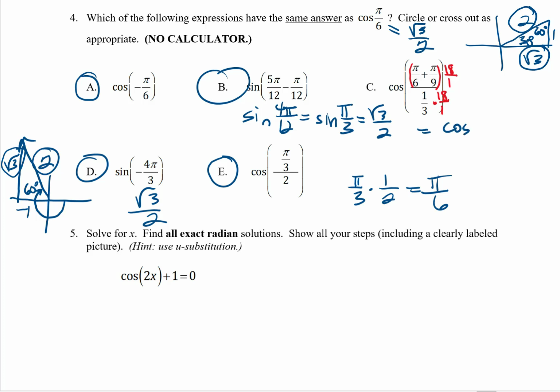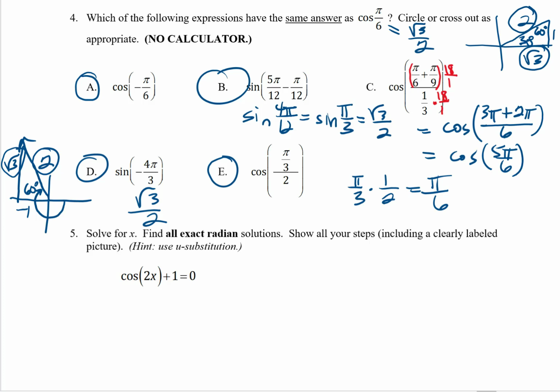In the first multiplication on the top, 6 goes into 18 3 times, so I'm going to end up here with 3 pi. And then in the second multiplication, 9 goes into 18 twice, so I'll end up with 2 pi. And on the bottom, 3 goes into 18 6 times. So this comes out cosine 5 pi over 6.